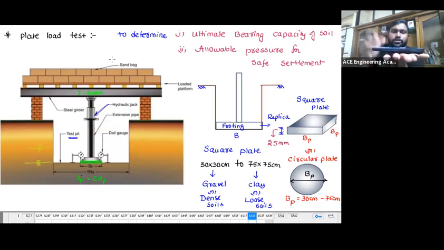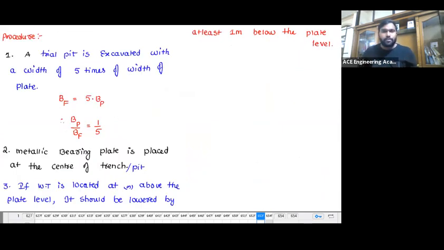When I keep the plate on the soil, for getting proper contact between the soil and plate, we are going to apply an initial seating pressure of 7 kilonewton per meter square, that is, 7 kilopascals.